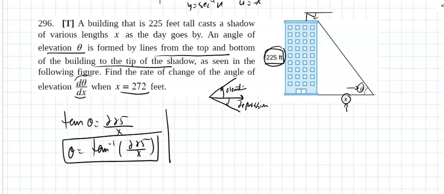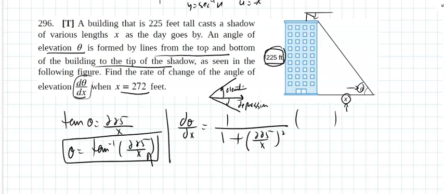If I take a derivative, d theta dx, what's the derivative of inverse tangent? 1 divided by 1 plus whatever that angle is, squared, times by the chain rule. What's the derivative if I take 225 divided by x? Isn't that 225x to the negative 1? Bring the power down, subtract 1 from the power.